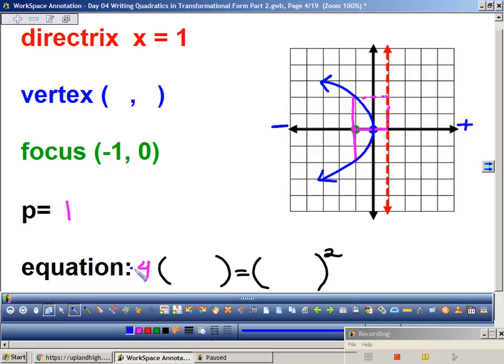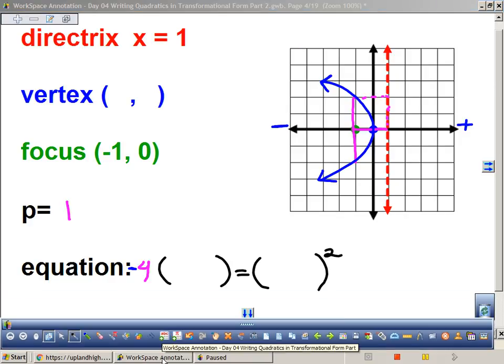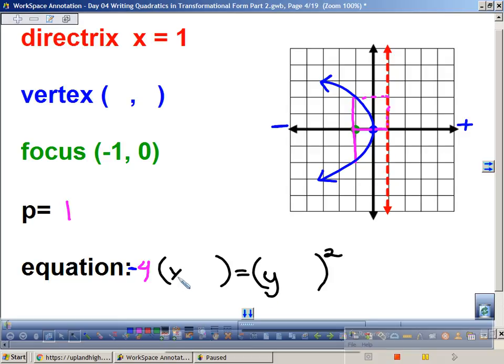Is that obvious enough? Negative? There we go. So all that's left is I need my x and my y. So my y is what's being squared. My x is not. I have a shift of 0 for my horizontal shift and a shift of 0 for my vertical shift. So we're done.